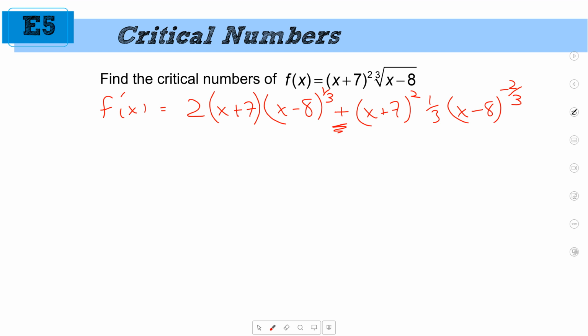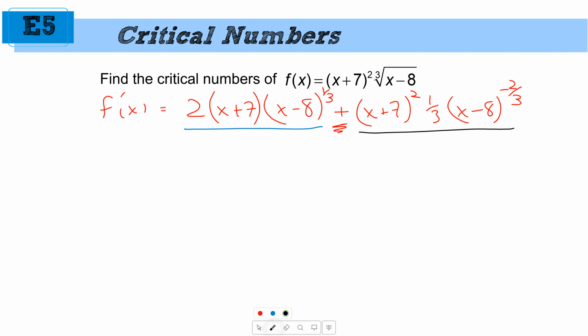To do that, I'm going to factor stuff out. Just for discussion purposes, we'll call that the blue term, and we'll call this the black term. The blue term and the black term have common things between them. What are the common things? X plus 7 and x minus 8.